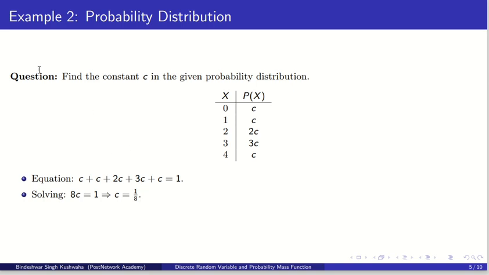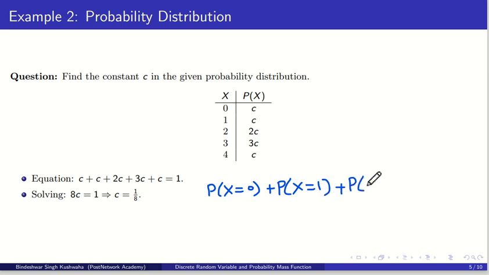That is very simple. Basically it happens like this: p(x=0) plus p(x=1) plus p(x=2) plus p(x=3) plus p(x=4) is equal to 1.